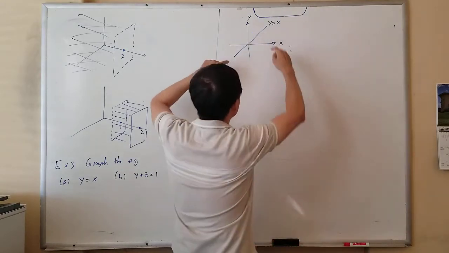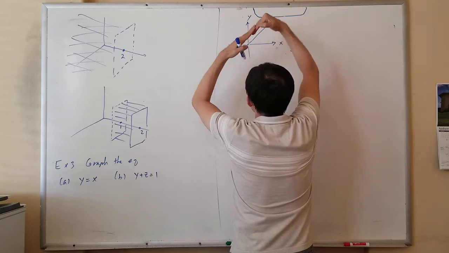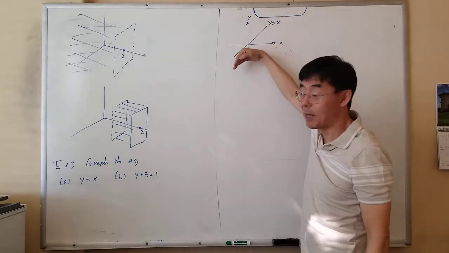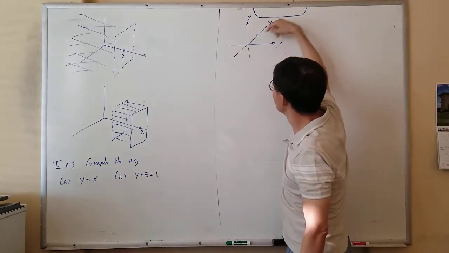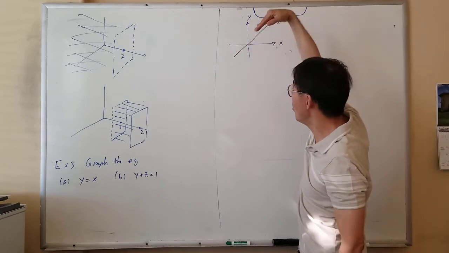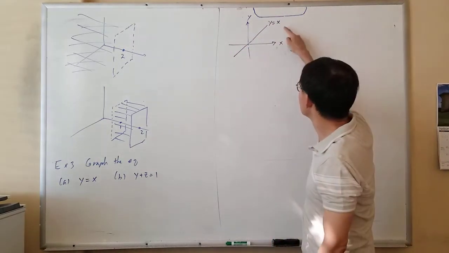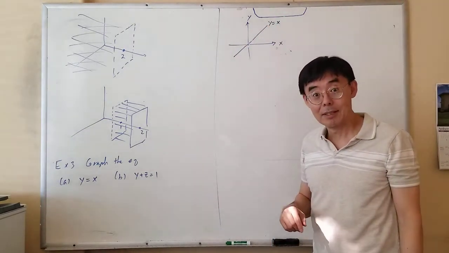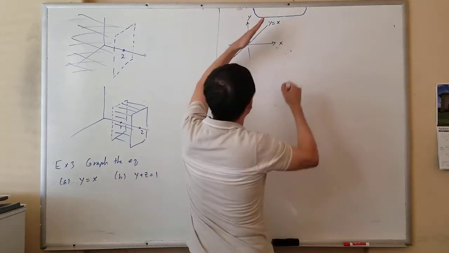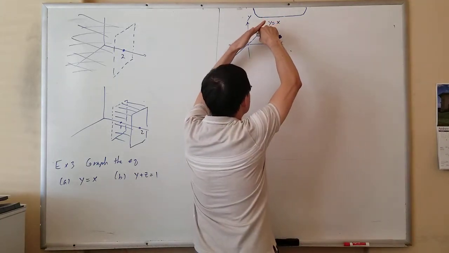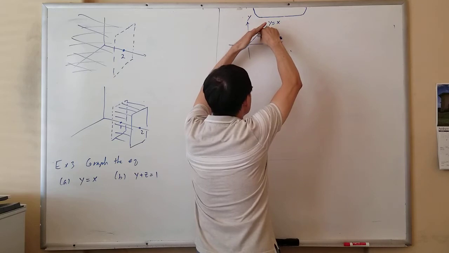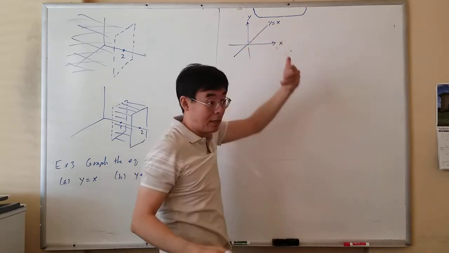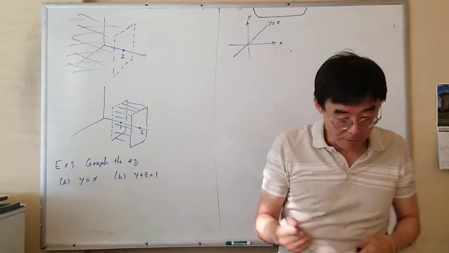Or you can think about a vertical curtain through the y equals x line. All those points will satisfy this equation. Because when you project all those points onto the xy plane, you're sitting on the y equals x line. That means your xy coordinates are equal.